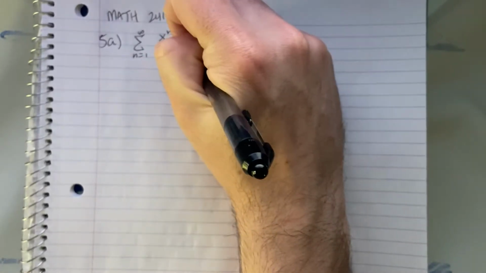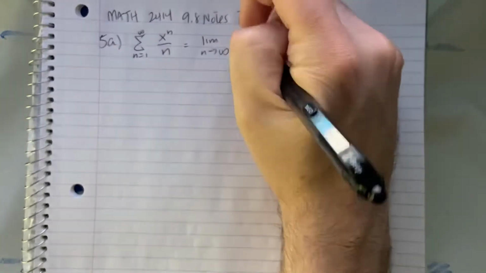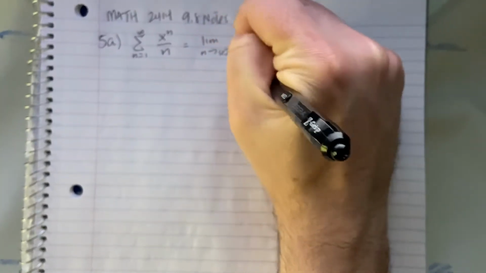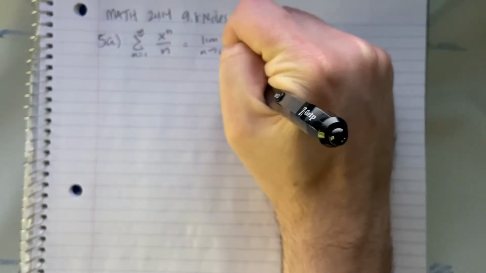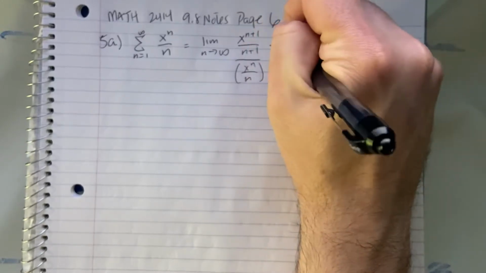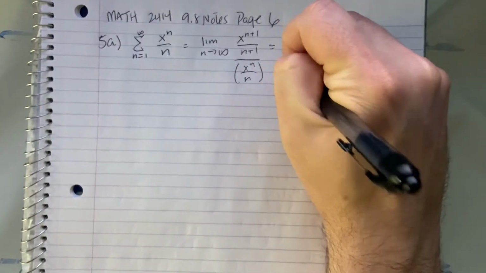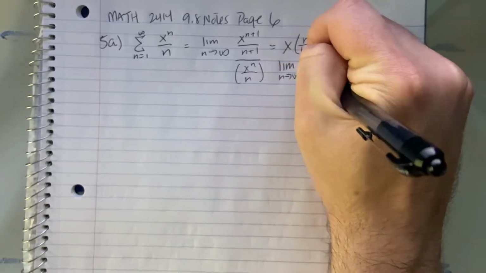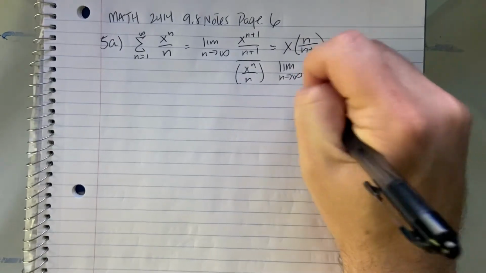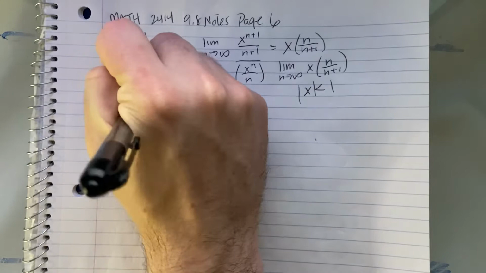But if you didn't see that, we take the limit as n goes to infinity using the ratio test. x to the n plus 1 over n plus 1, over x to the n over n. It simplifies to there's one extra x times n over n plus 1. So it's the limit of that thing. And so we find out that x needs to be less, since this is the absolute value, it's less than 1. So we go from -1 to 1.